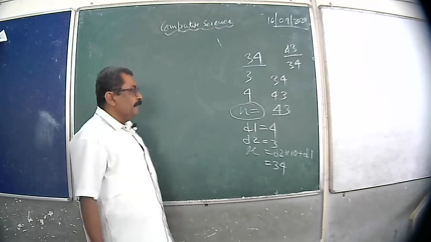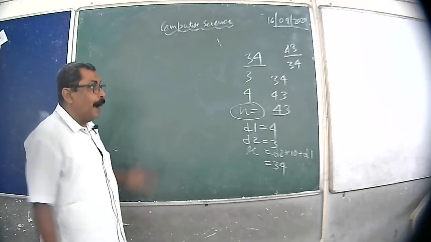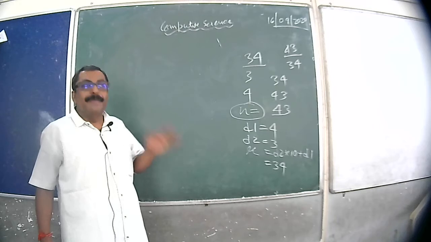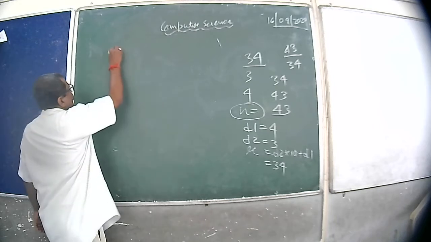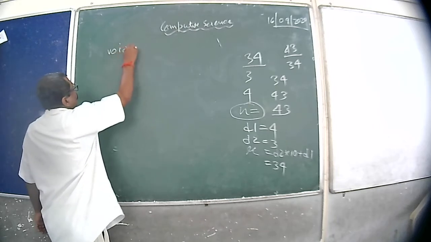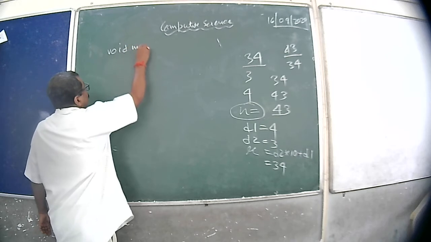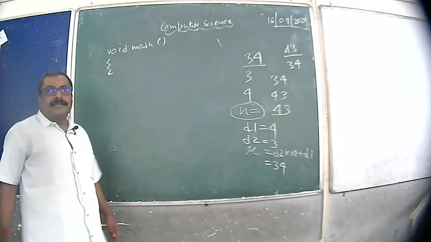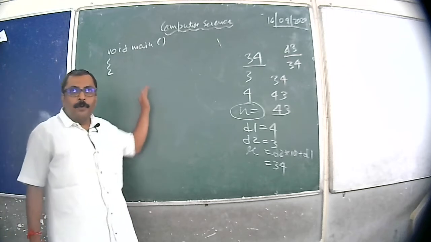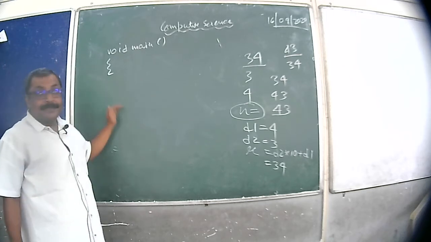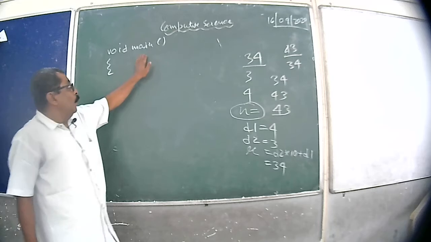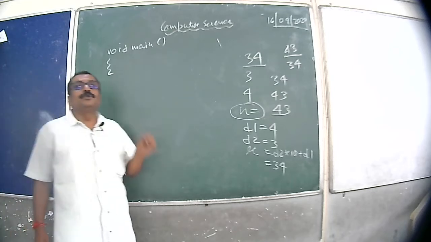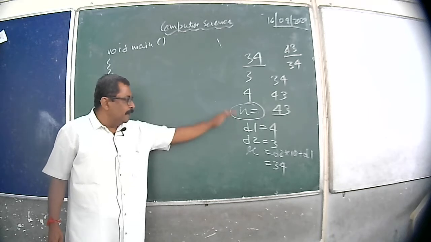If I want to do this in a C program, how to do it? First it starts with the function main. Void main, open and close parenthesis, then open braces, and you write the program over here. First task is to declare the variables. How many variables are there?